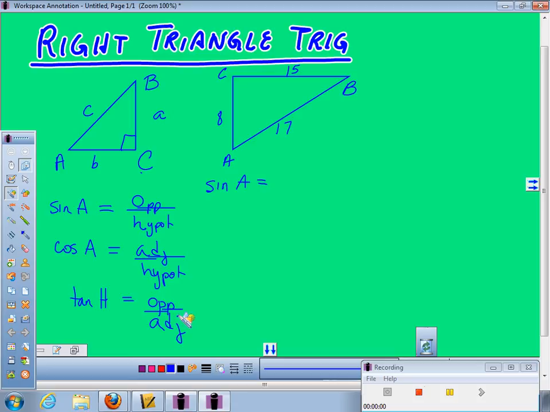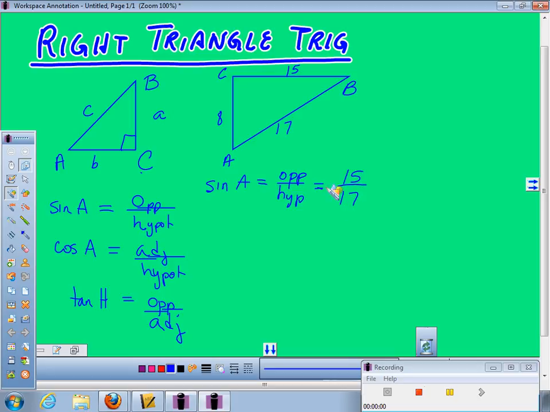Looking at that picture, if I want the sine of angle A, how do you figure that out? Opposite over hypotenuse. So what is opposite angle A? 15. What is the hypotenuse? 17.